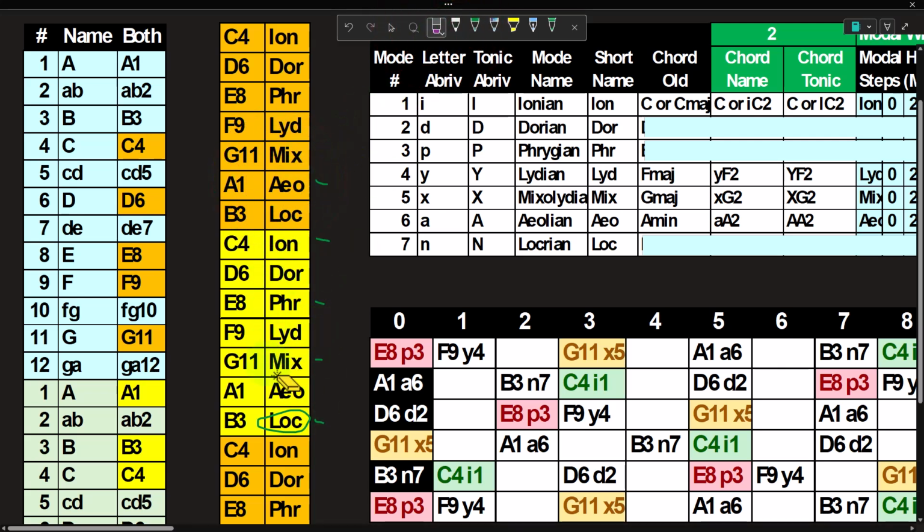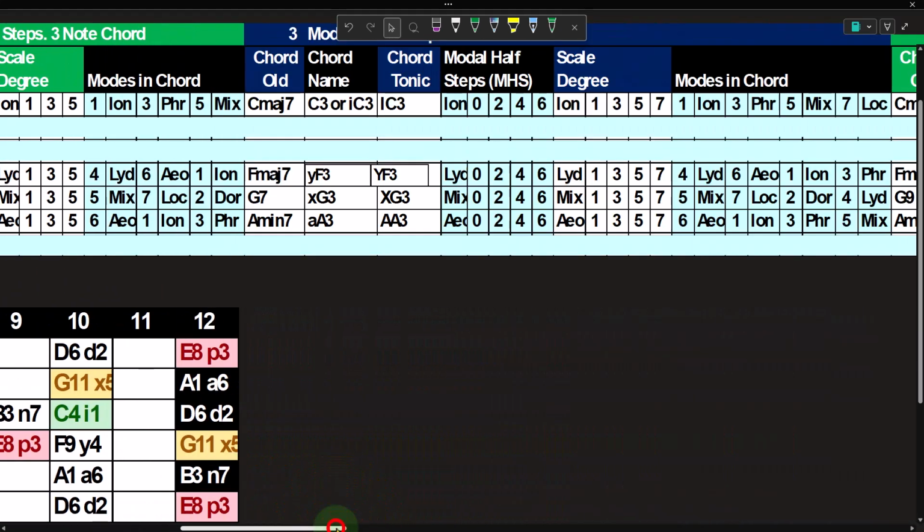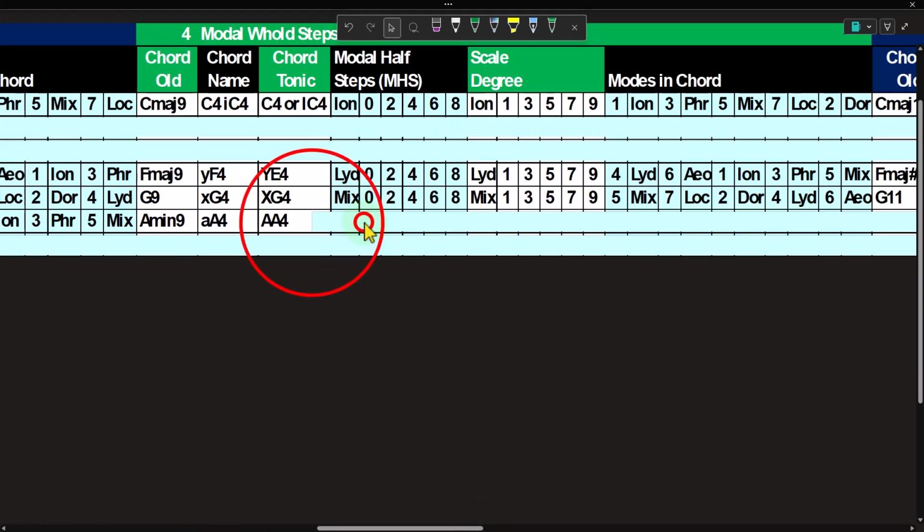Let's just erase this bit, and then go back on over. All right. So that means that if we name this from a distance term, it's going to be 0, 2, 4, 6, 8 modal half steps, right? It's the second modal half step, the fourth modal half step, the sixth modal half step, the eighth modal half step, versus scale degrees, making this the 1 would mean 1, 3, 5, 7, 9, the 9 being equivalent to the 2.